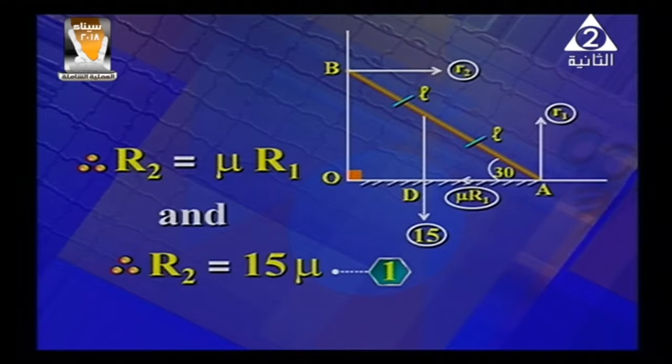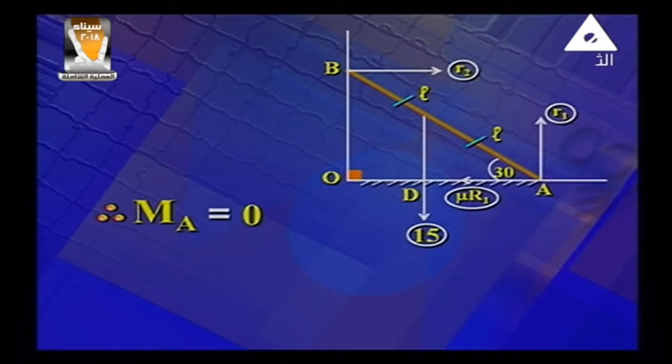And R2 equals 15 times mu, because R1 equals 15. Why? Because the reaction at point A, R1, equals the weight of the uniform rod, 15. By substitution in R2 equals mu R1, then R2 equals 15 mu. This is equation number 1.